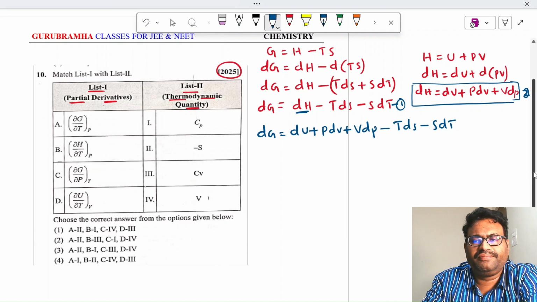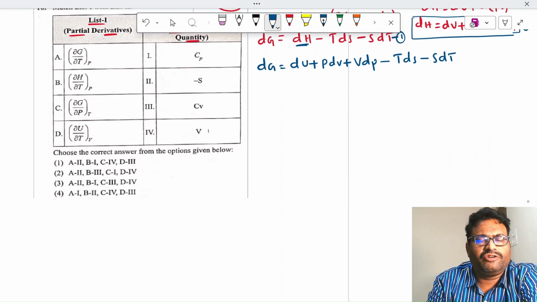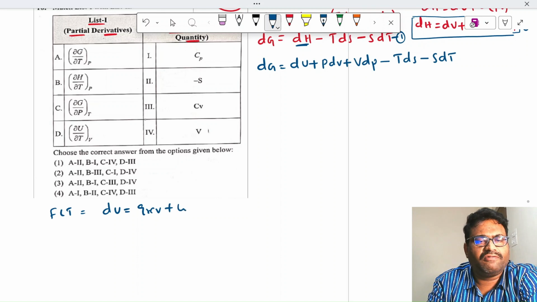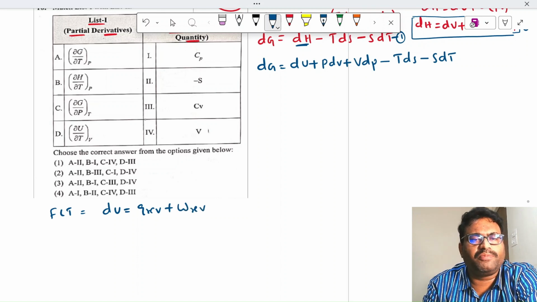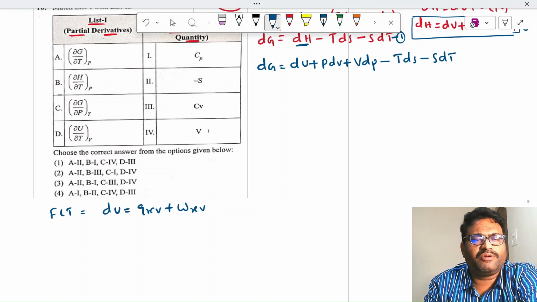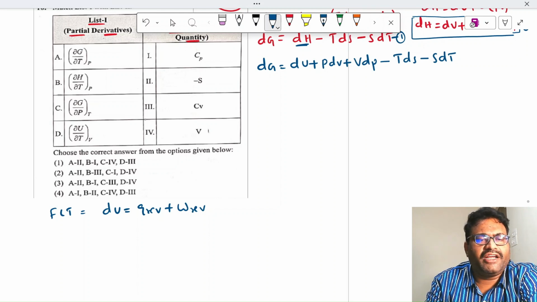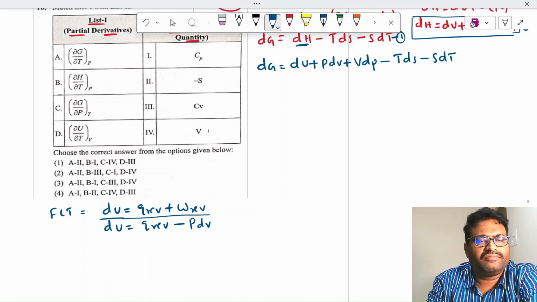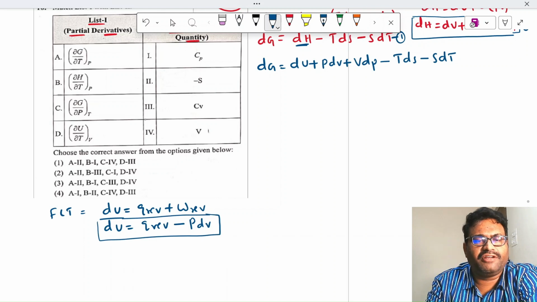We know that from the first law of thermodynamics, I can write dU is equal to q reversible plus work done reversible, for a reversible process. And I can write that dU is equal to, for very small changes, minus P into dV. So substituting these things under dU, let it be equation 3.